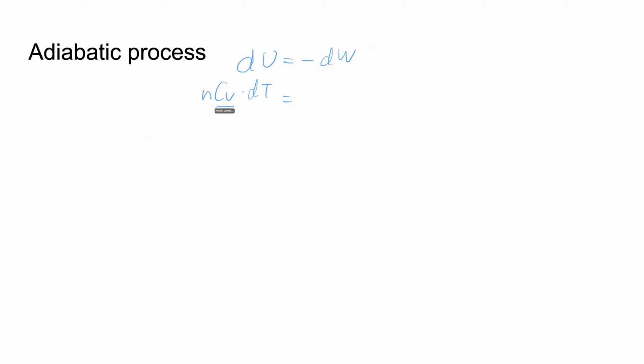Remember, this is the molar heat capacity. The molar heat capacity is defined as the heat equals the moles times the molar heat capacity times dT. dT is the change in temperature, and dW is p dV, as we specified before. Sorry for the messy handwriting.